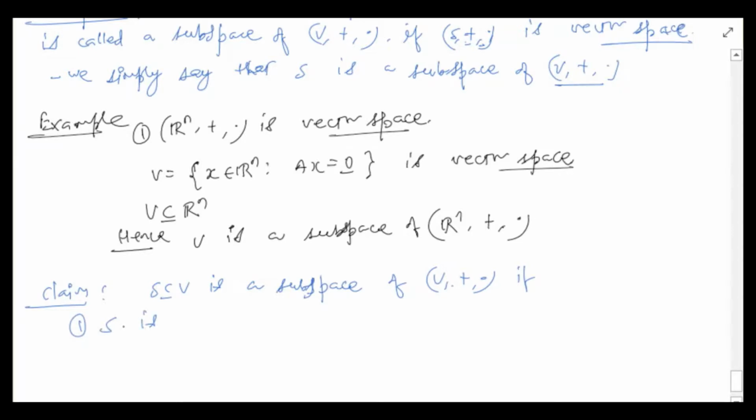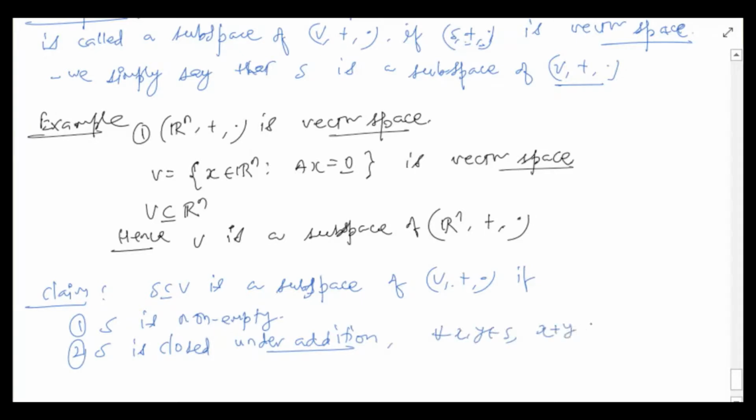Obviously S cannot be an empty set. The second property is S is closed under addition, that is, for all x, y in S, their sum will also be in S.